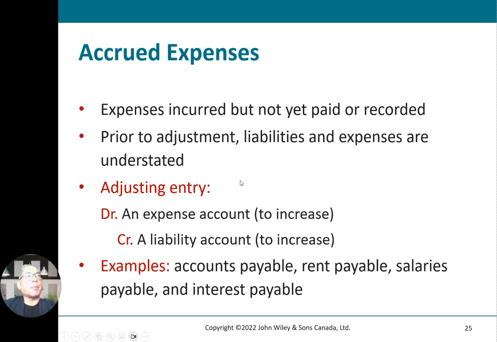Accrued expense is when an expense has been incurred but not yet paid or recorded. Prior to adjustment, liabilities and expenses will be understated. The adjusting entry for the accrued expense will be to debit an expense account, which is to increase, and then credit a liability account to increase. Examples of this type of accrued expense are accounts payable, rent payable, salaries payable, and interest payable.